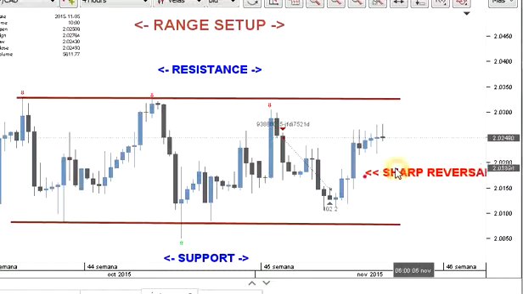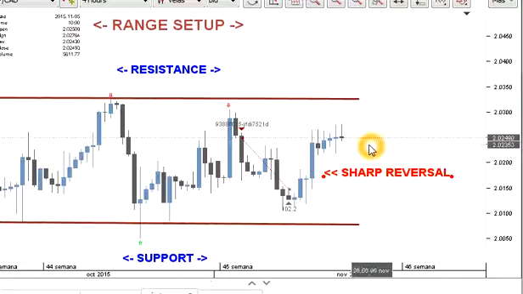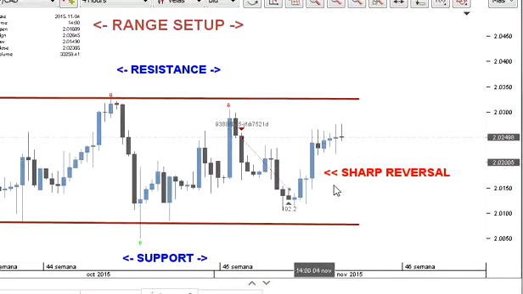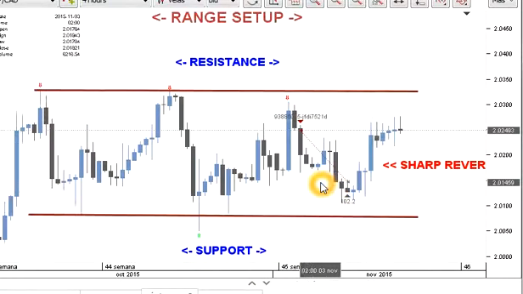And given the fact that the market generally produces these sharp reversals once it has hit its target or come very close to its target, you need to have rules in place to avoid these situations.